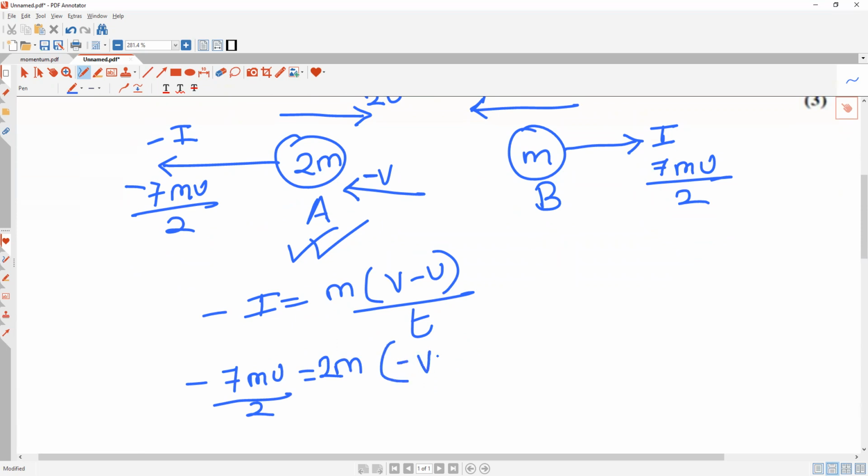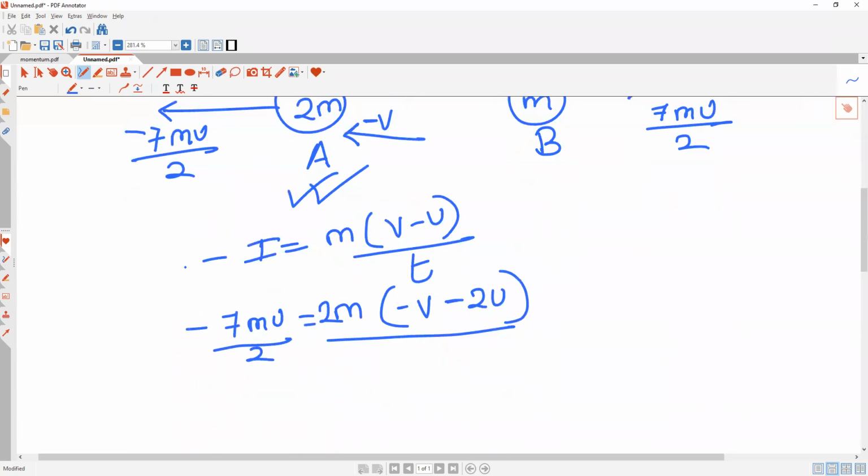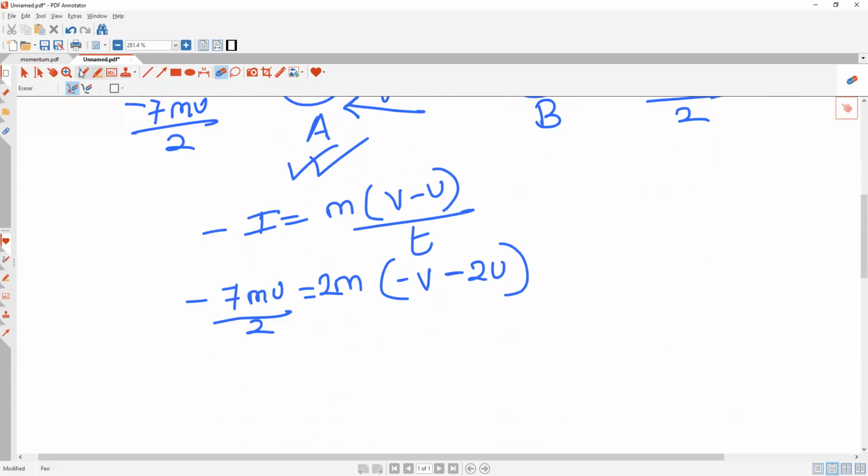What is the final velocity? Minus v, because I just told you. And u is 2u, the minus sign was already taken. Divided by time. Impulse is the time rate of change of this thing, the speed of A. Now, can you see m is common? So m gets cancelled.